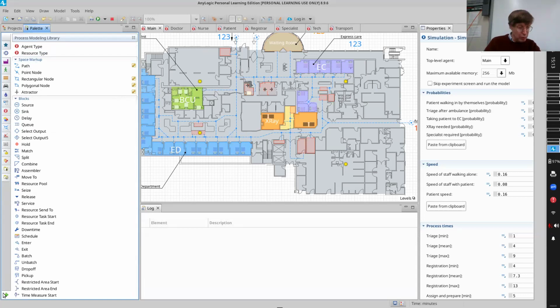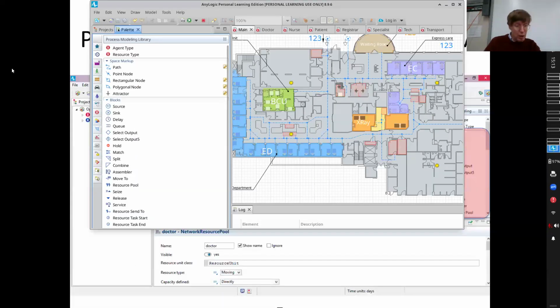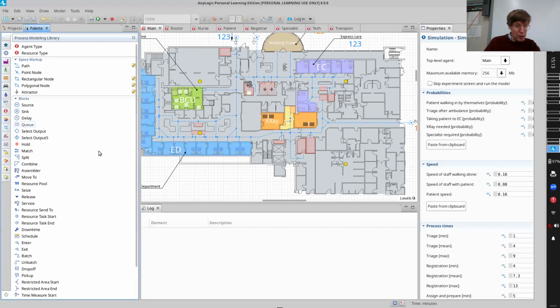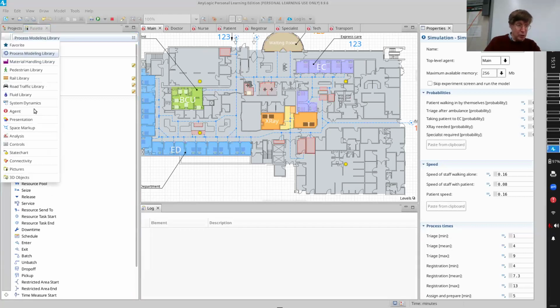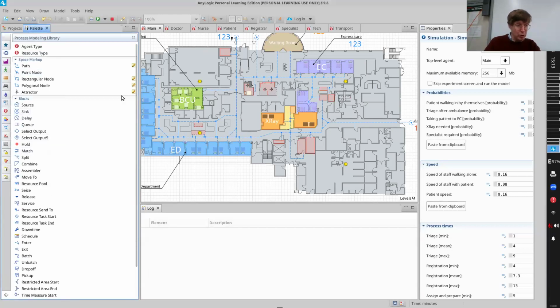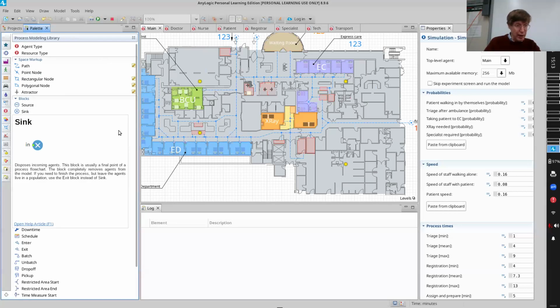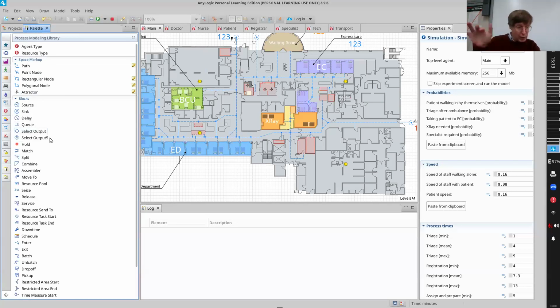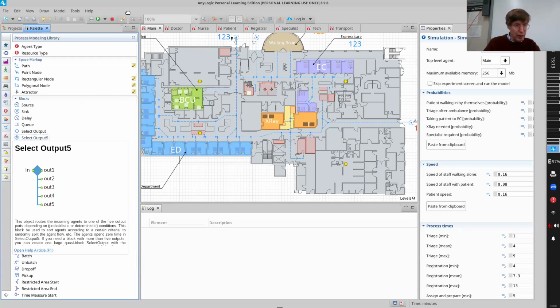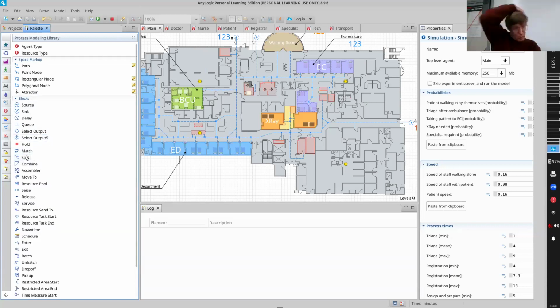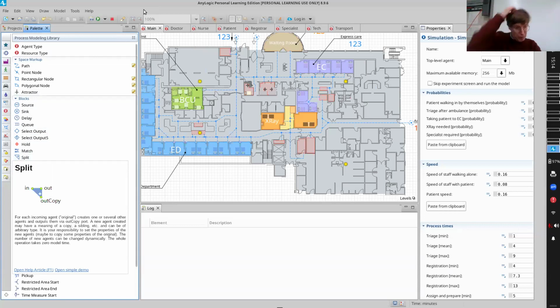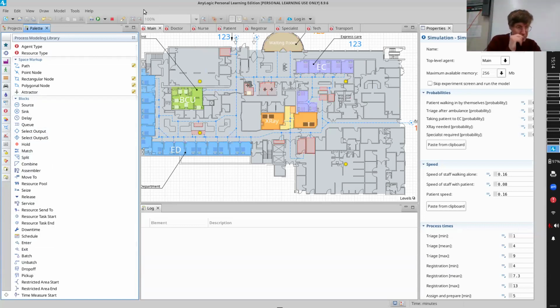It's possible you will need to press this little button down here, a little plus on yours, to add it if it's not there. The process modeling library will give us these sources, these sinks, these delays, these queues, these branching points, and these various types of operators. And you can hold your mouse over them to find descriptions.